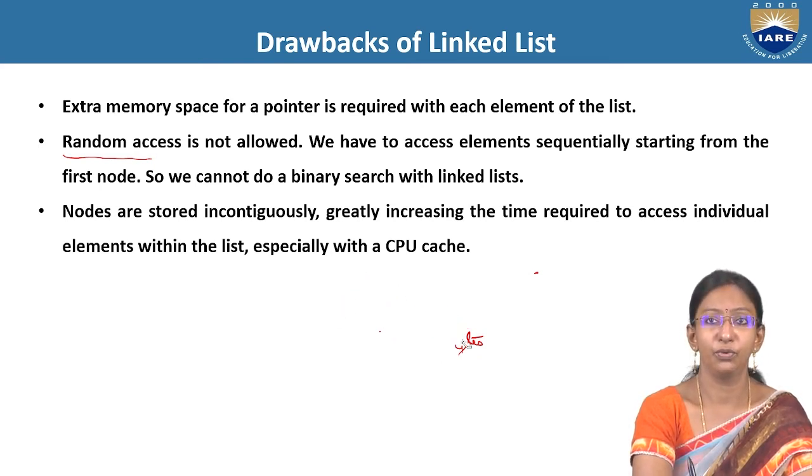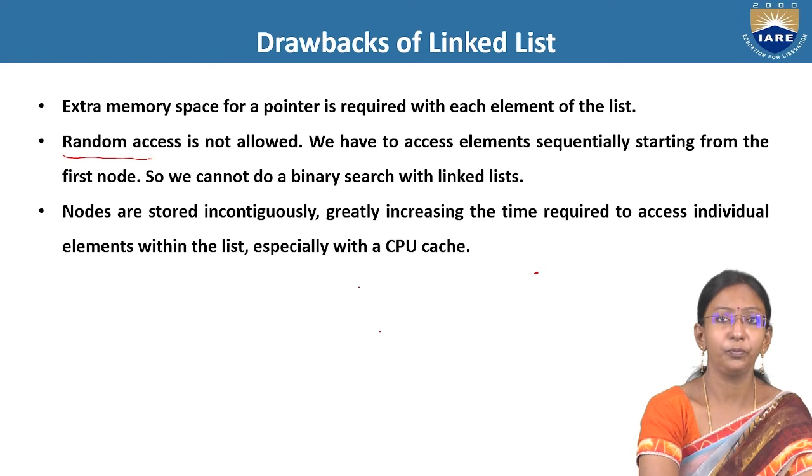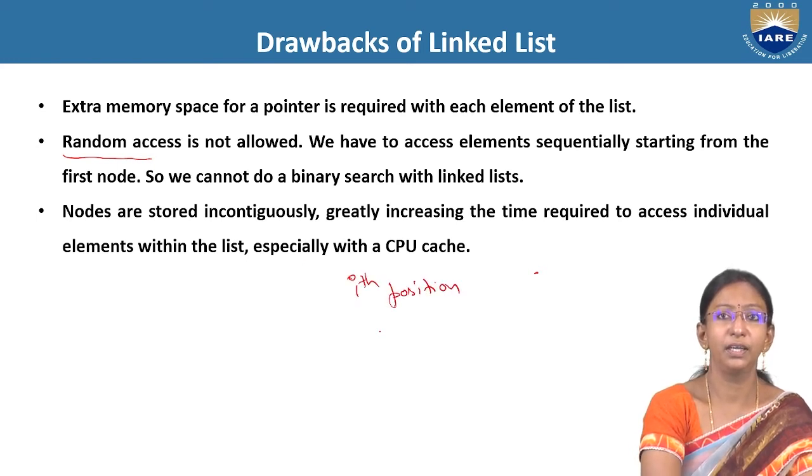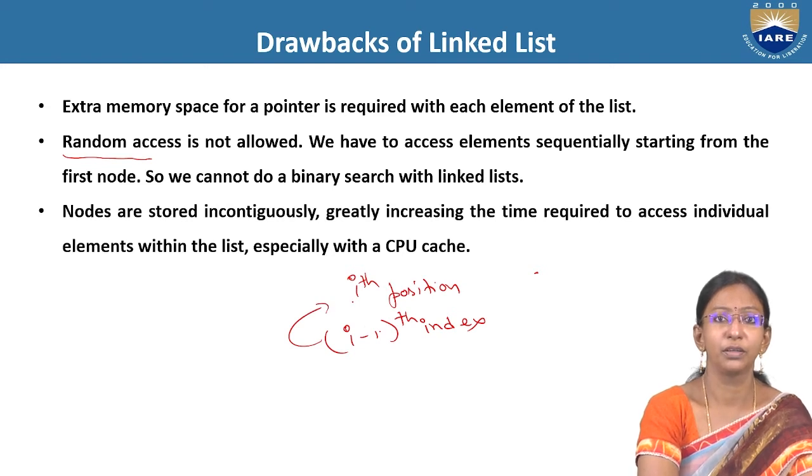So if it was the case of arrays, if I say that I want an element at some ith position, then simply by retrieving the element at index i-1, I can say that this is the value at your required position. Right? So it was quite easy, guys.